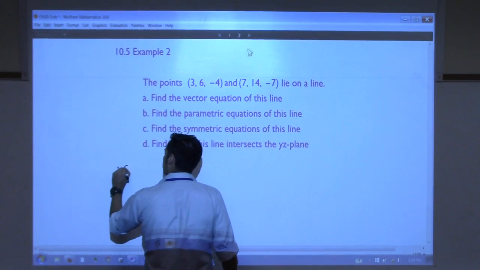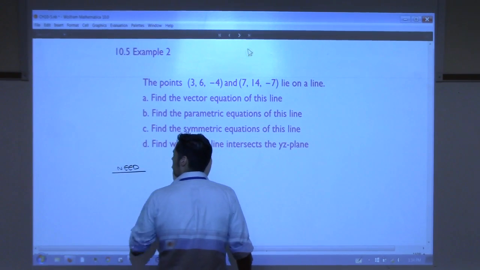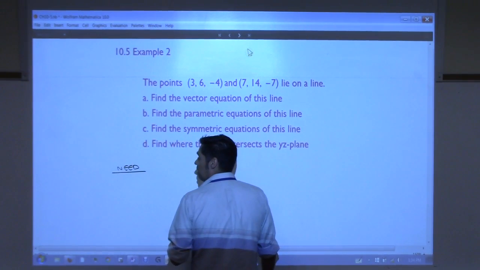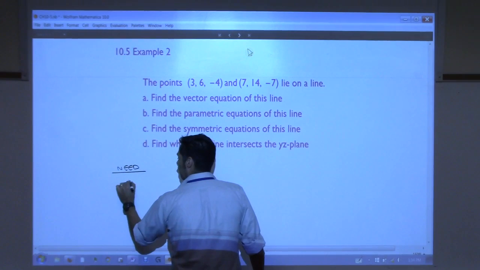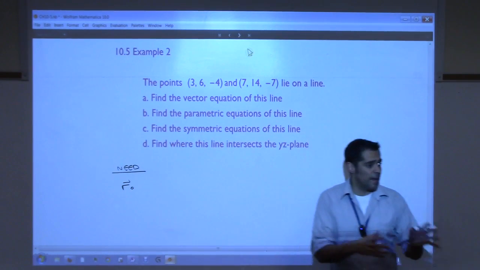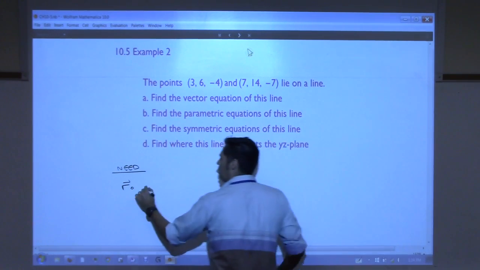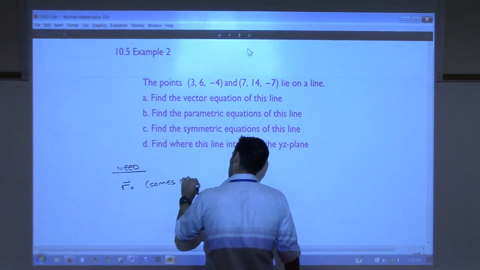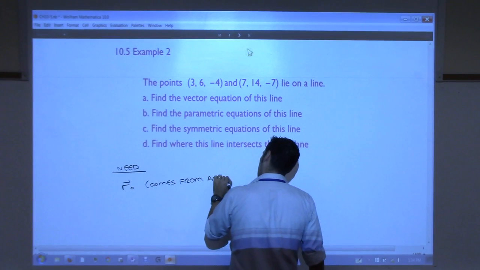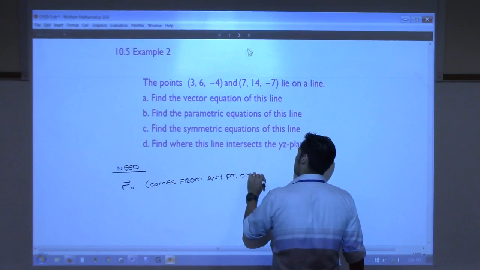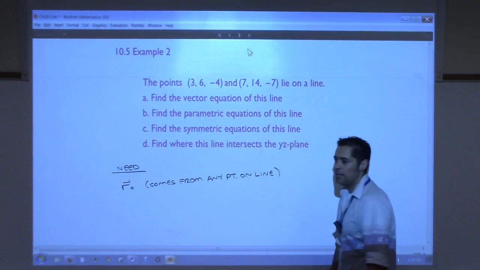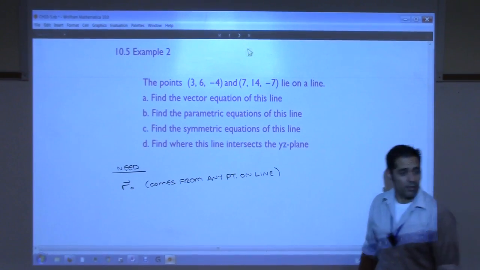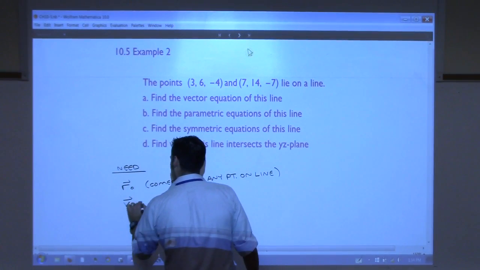So what are the things that we need? For the vector equation of a line, you need a point, R naught. Well, R naught's going to be a vector, but it's going to come from any point on the line. And what else do you need? A direction vector. You need V, a direction.